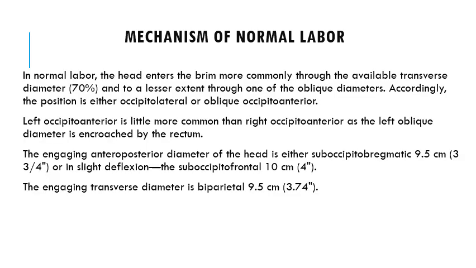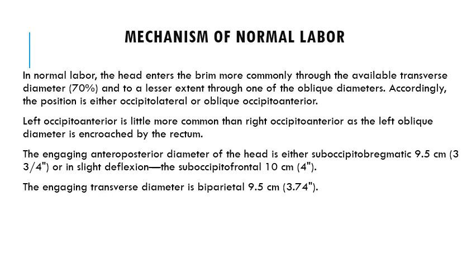In normal labor, the head enters the brim more commonly through the available transverse diameter, in around 70%, and to a lesser extent through one of the oblique diameters. Accordingly, the position is either occipitolateral or oblique occipito-anterior. The left occipito-anterior position is a little more common than the right occipito-anterior, as the left oblique diameter is encroached upon by the rectum.